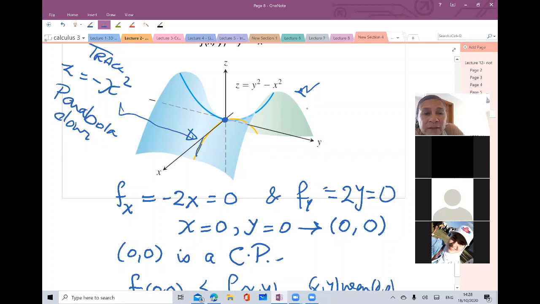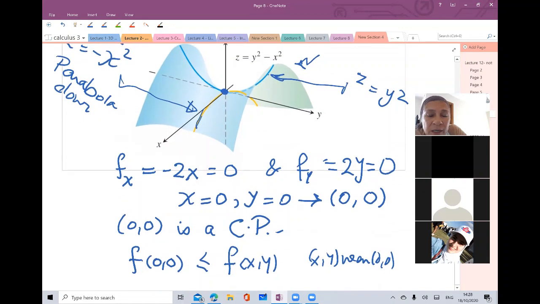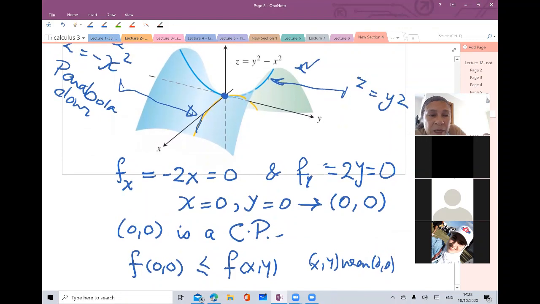If you look at the other trace, this time put x as 0, so you have z equal to y squared. This is a parabola looking up, and it has this vertex (0,0). Now you tell me, can I consider f(0,0) as a minimum, meaning it's less than anything in the surroundings?